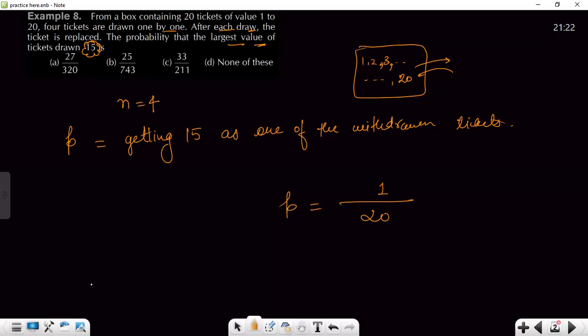Okay. What is the other event, other than the success that we wanted? Now here there's a very important thing to understand, that Q will not be equal to 1 minus P. Okay, you will understand it a little time later. But first, listen to me, what I'm saying now. See, all of the tickets that we are withdrawing have to be 15 or less than 15.